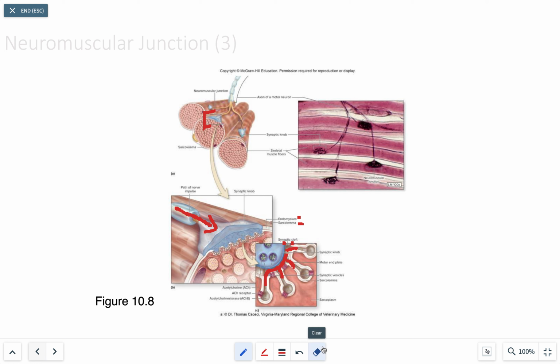This motor end plate contains membrane receptors or acetylcholine receptors. Also in the synaptic cleft, we find another neurotransmitter called acetylcholinesterase, which will help break down acetylcholine once the action potential makes its way into the sarcolemma of the muscle fiber.